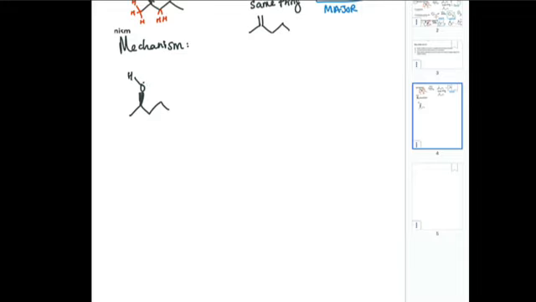is going to be to activate this poor leaving group OH with H2SO4. When you see H2SO4, you can think of that as H+. And so we're going to protonate our alcohol, generating an intermediate with a positive charge on oxygen.